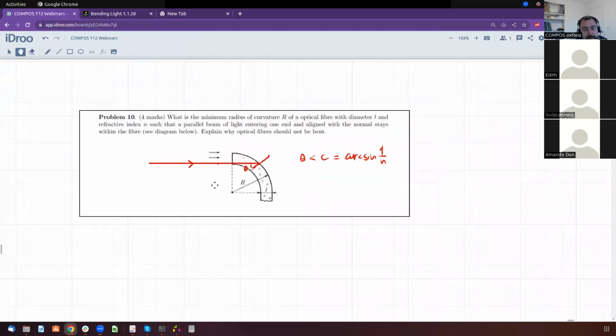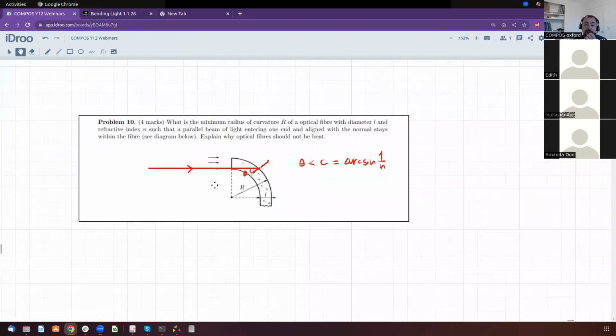Okay. And optical fibers should not be bent because, well, you don't want the light to escape from an optical fiber.